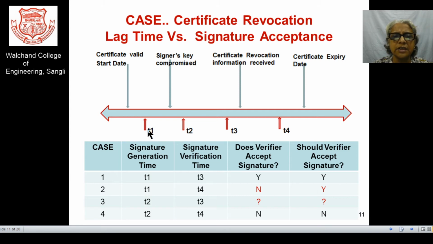T1 is the signature generation time, and T4 is the signature verification time. Should the verifier accept the signature? In a logical sense, the verifier should accept the signature, because it was created before the compromising of the key. But in a practical sense, the signature is not verified, because the verification time is after the updation of the revocation list.